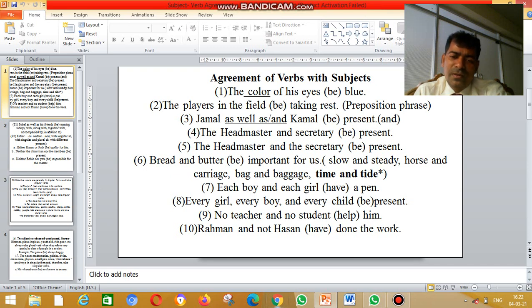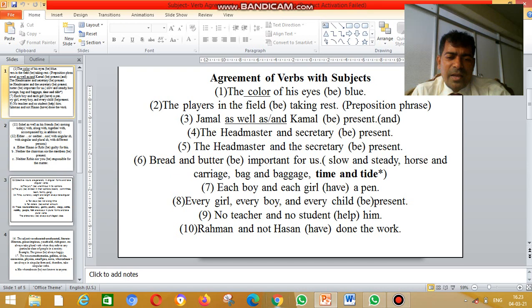So the verb within the bracket should be in singular form: no teacher and no student helps him. Help plus s, helps him, because both of the subjects here are third person singular. So I have used s with the verb within the bracket.